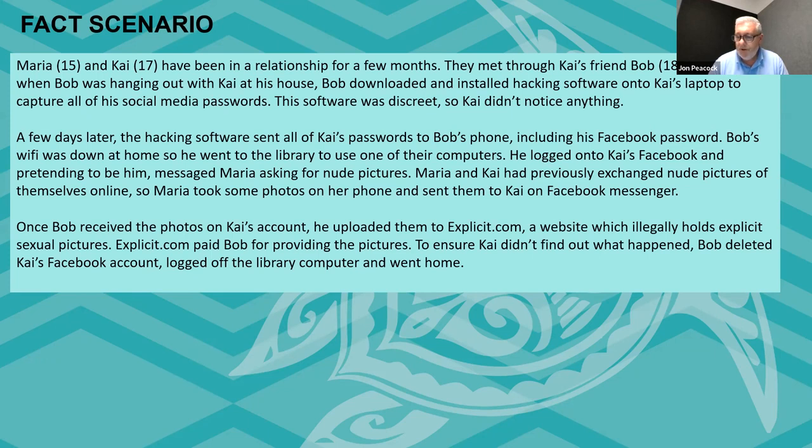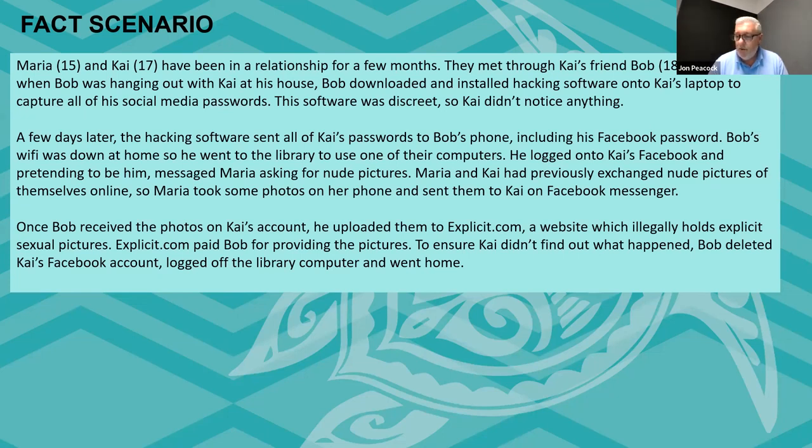Once Bob received the photos on Kai's account, he uploaded them to a website called explicit.com, which illegally holds sexually explicit pictures. Explicit.com paid Bob for providing those pictures.